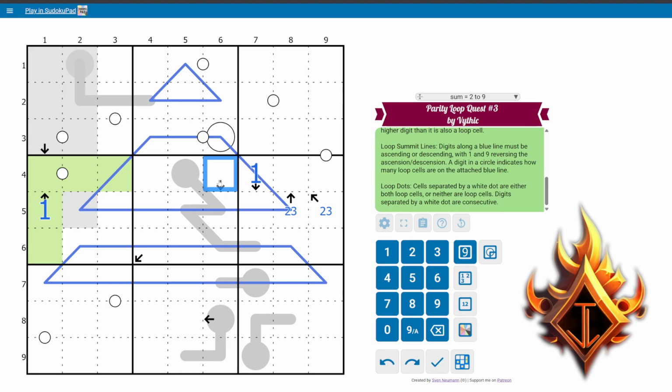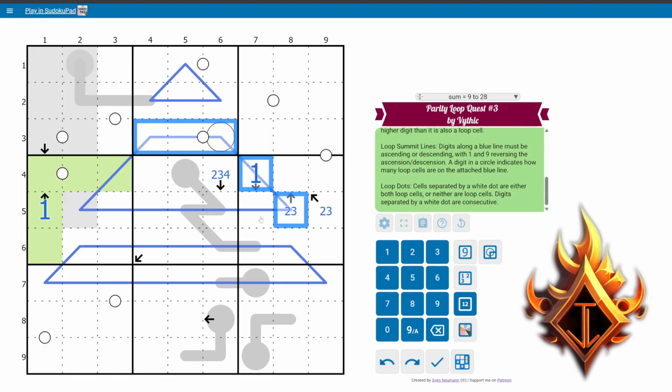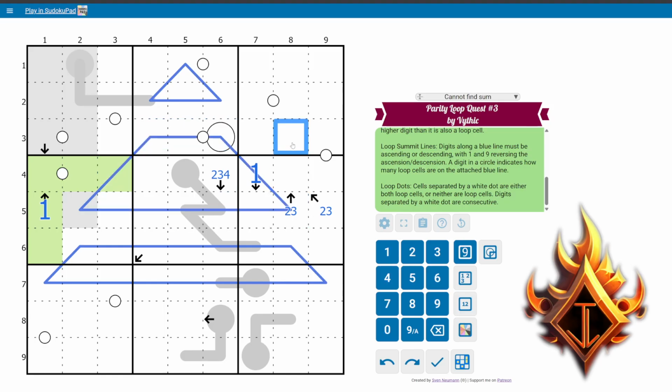This one won't be the full 5 either. So it'll be 2, 3, or 4. How many are on this? Is 3, 4, 5, 6, 7, 8, 9, 10, 11. 11 left.